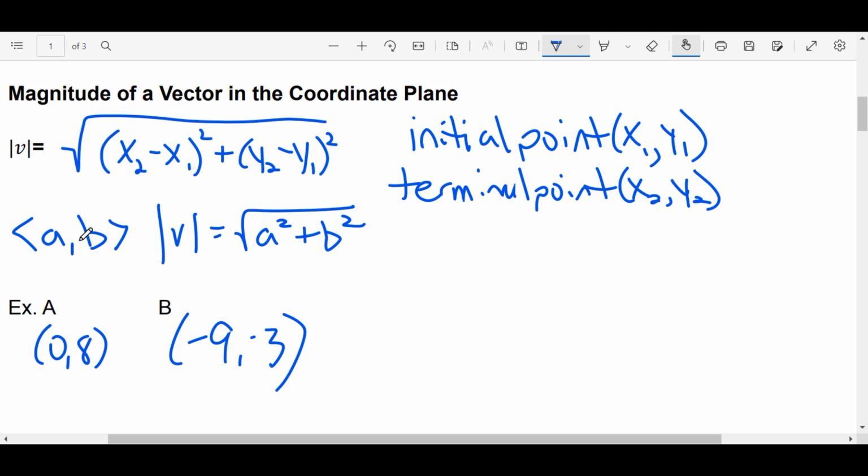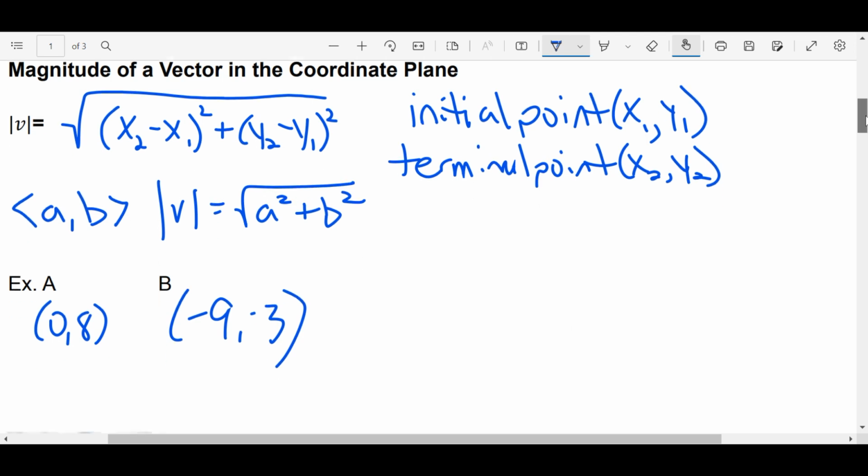Now, if I give you the vector in component form, a comma b, which is what you tried to find in the last problem, just square both of these, add them, and square root them. Like so.